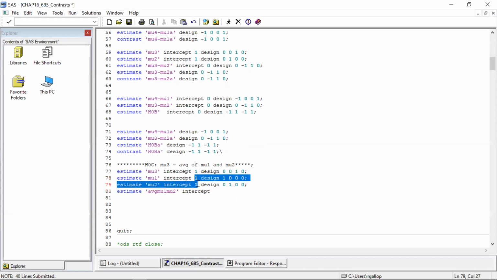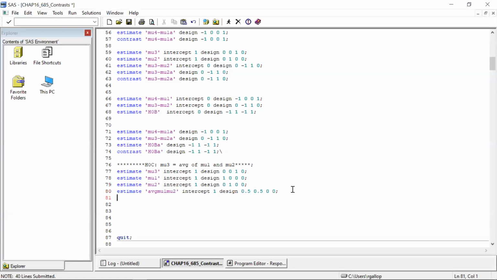So 1 plus 1 is 2, divided by 2 is 1. Design, same thing. 1 plus 0 divided by 2, 0.5. 0 plus 1 divided by 2, 0.5. 0 plus 0 divided by 2, 0. And then finally, 0 plus 0 divided by 2, 0. That's the average of 1 and 2.